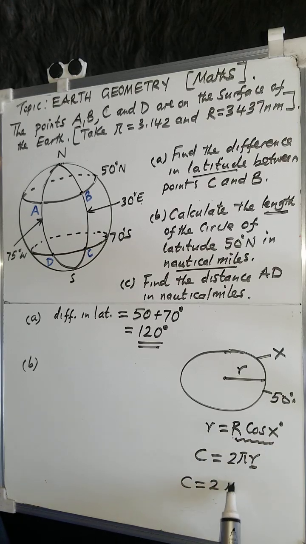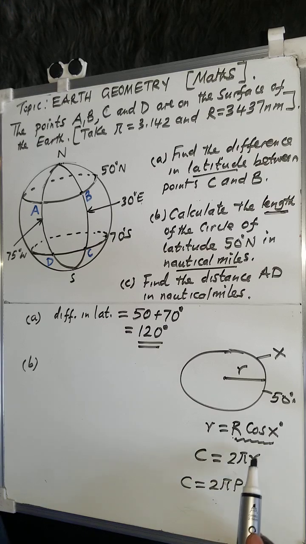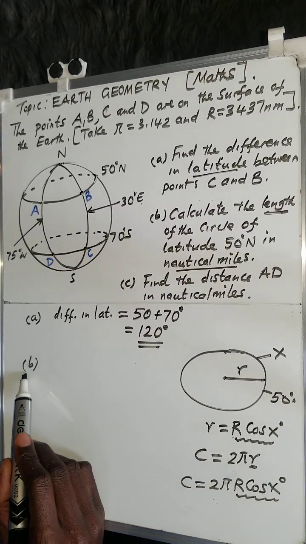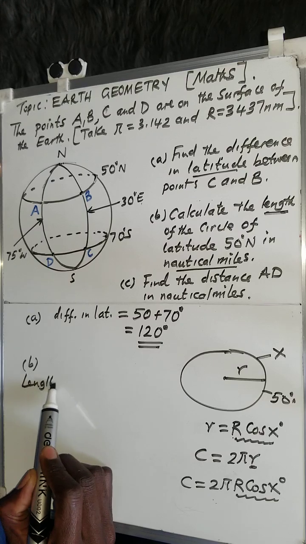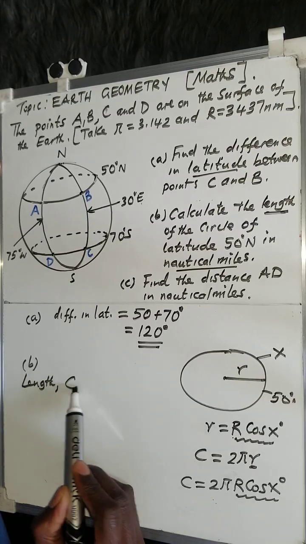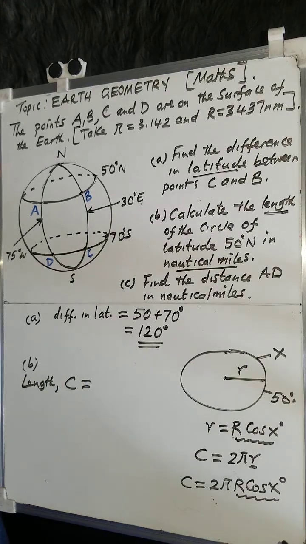Where this r, I'll replace with r cos x. So it is going to be 2 pi, the radius, remember my r will be the radius of the Earth, then cos of x degrees. That is what we have replaced there for our small r. Now if you want to find the length, which is the same as the circumference, you shouldn't waste your time.